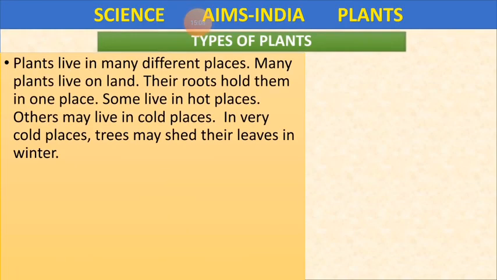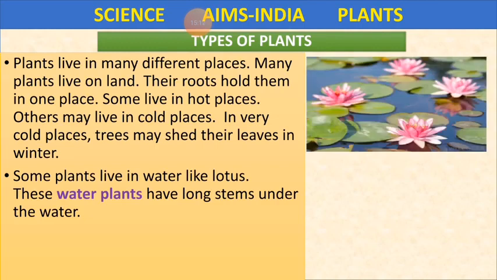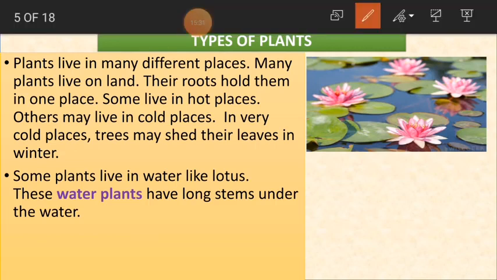Okay. Now, plants live in many different places. Many plants live on land. Their roots hold them in one place. Some live in hot places, others may live in cold places. In very cold places, trees may shed their leaves in winter. Okay, see, plants live in many different places, yes or no?